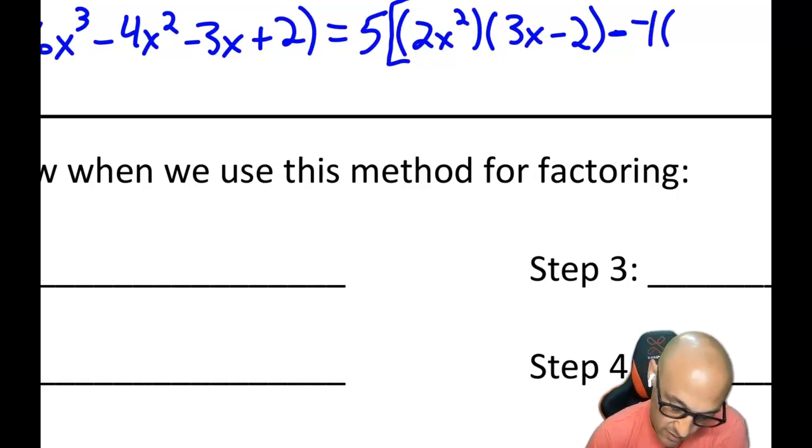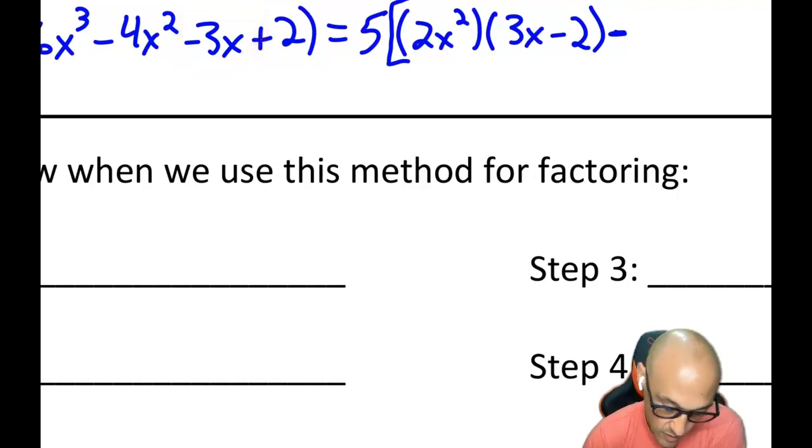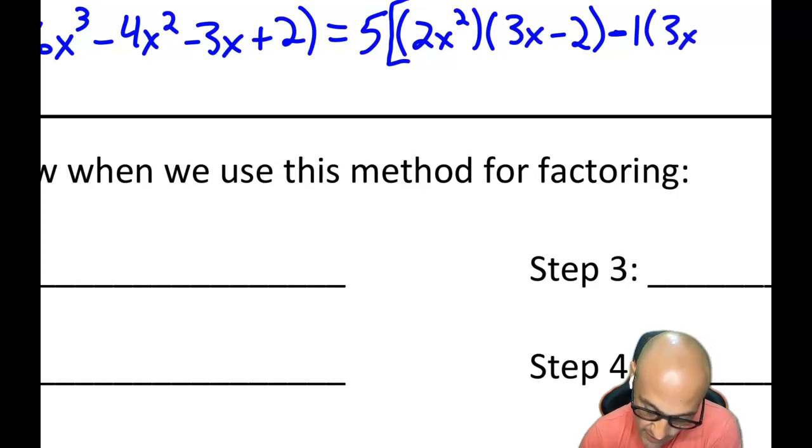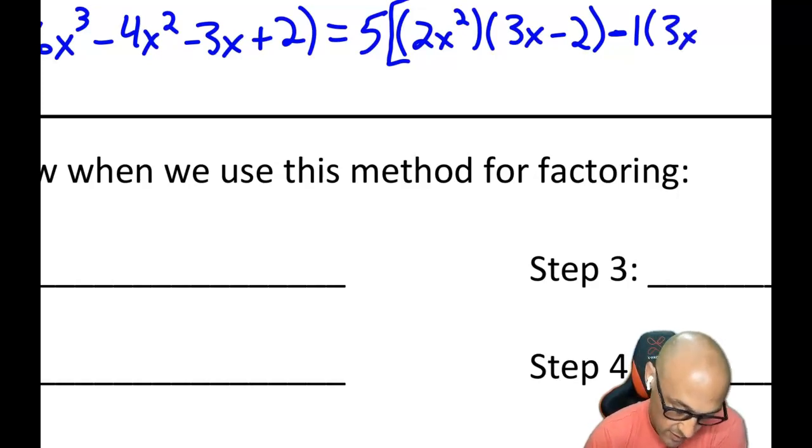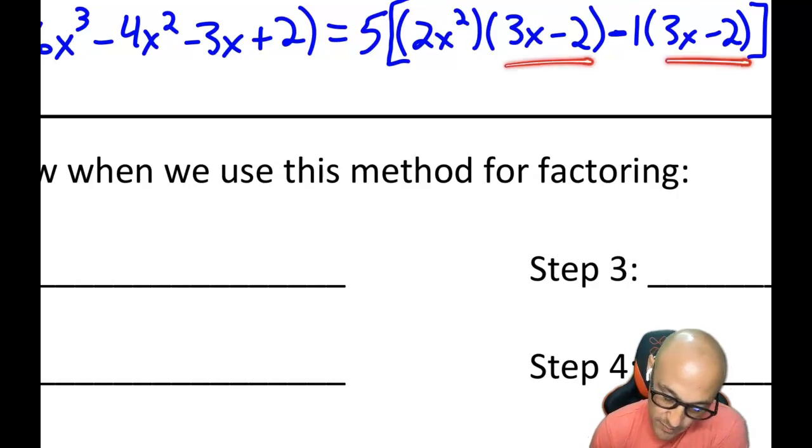And when we factor, I'll get this straight. When we factor a negative 1 out of negative 3x, we get a positive 3x. And when we factor negative 1 out of positive 2, we get negative 2. And now we can see that the 3x minus 2 is the same.